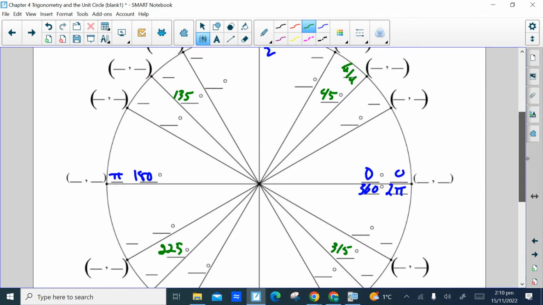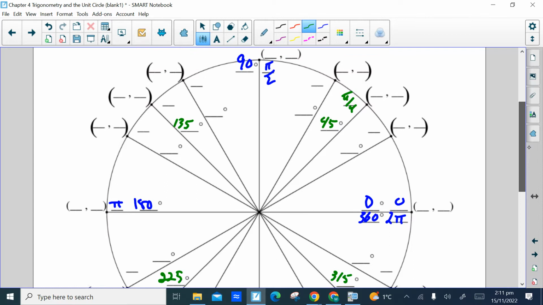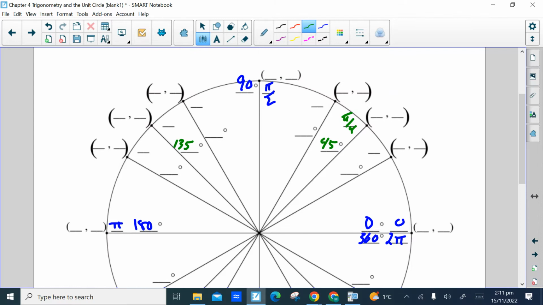And as we said, going around in terms of 45 degrees is also going around in terms of pi on 4 radians. So we've got 1 pi on 4. Another 45 is 90, which is 2 pi on 4s, and that reduces to pi on 2. Another 45 degrees, which is 135, takes us to 3 pi over 4.